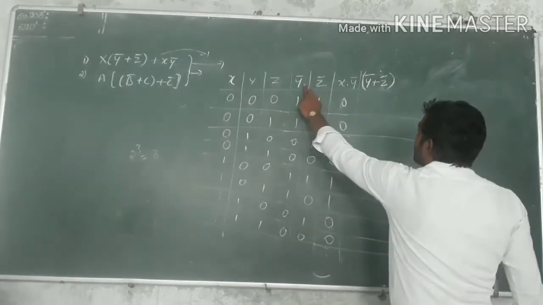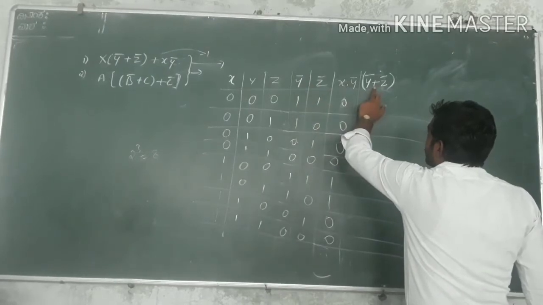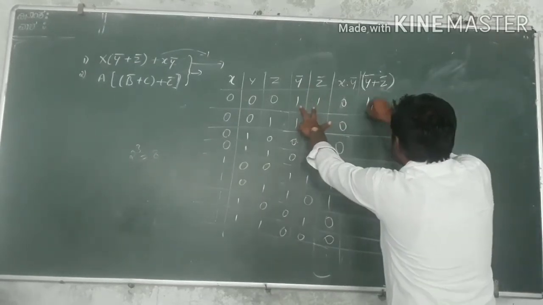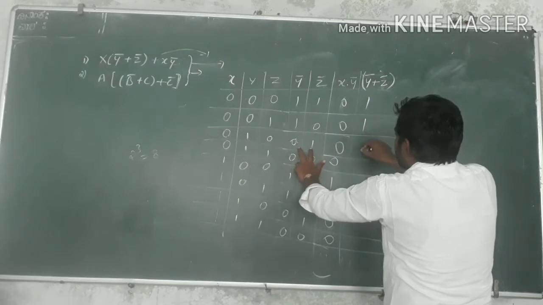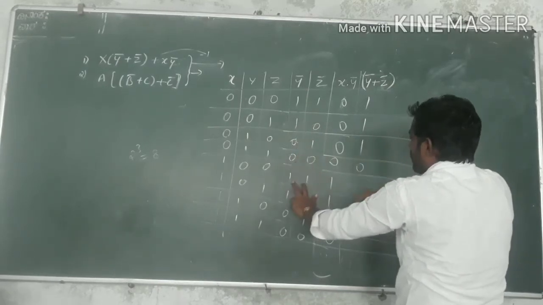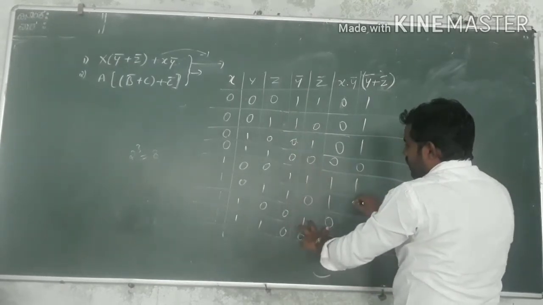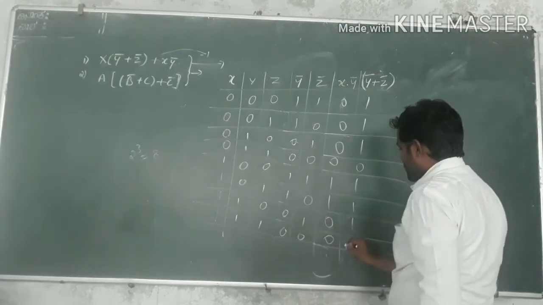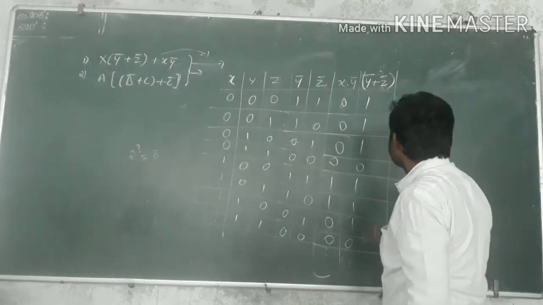Next, go for finding y complement plus z complement. We have y complement and z complement, and we need to go for addition here. So 1 plus 1 is 1, 1 plus 0 is 1, 0 plus 1 is 1, 0 plus 0 is 0, 1 plus 1 is 1, 1 plus 0 is 1, 0 plus 1 is 1, 0 plus 0 is 0.